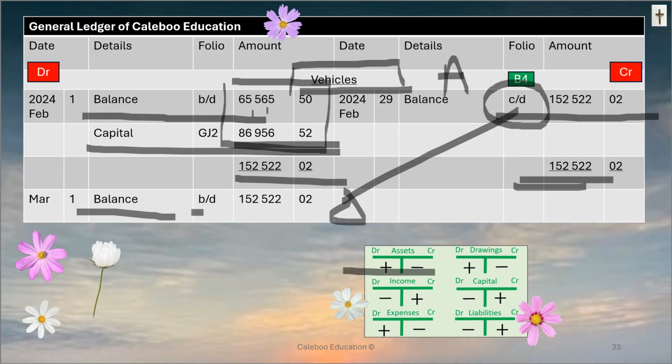The first day of the month it was named brought down. At the 1st of March 2024, our vehicles at cost price were valued at $152,522.02.